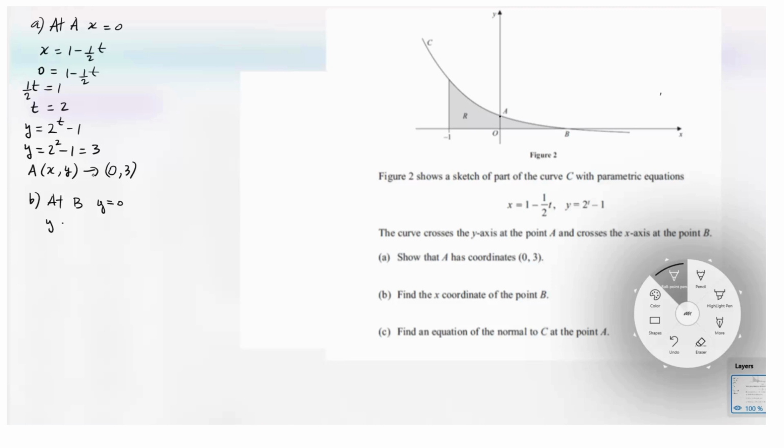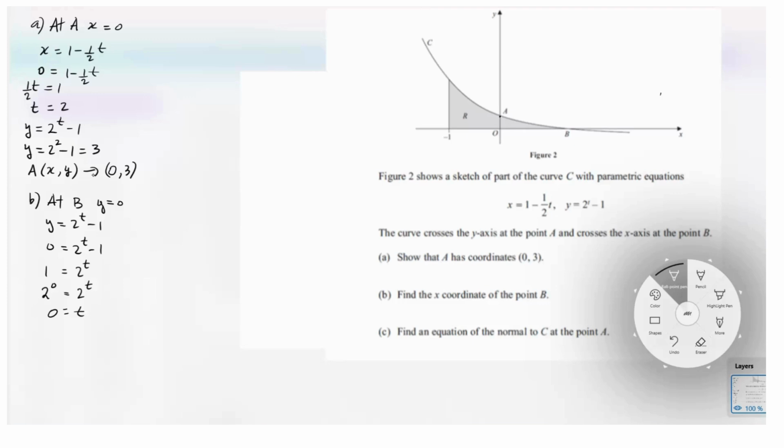So when y is 0, we have 2 to the t minus 1 equals 0. Let us add 1 both sides. Therefore, we have 2 to the t equals 1. So 2 to the 0 is 1. Therefore, 2 to the t would equal 2 to the 0. Hence, t equals 0.